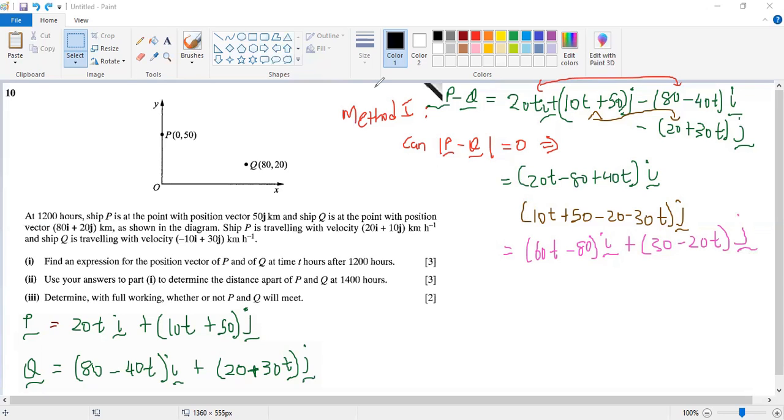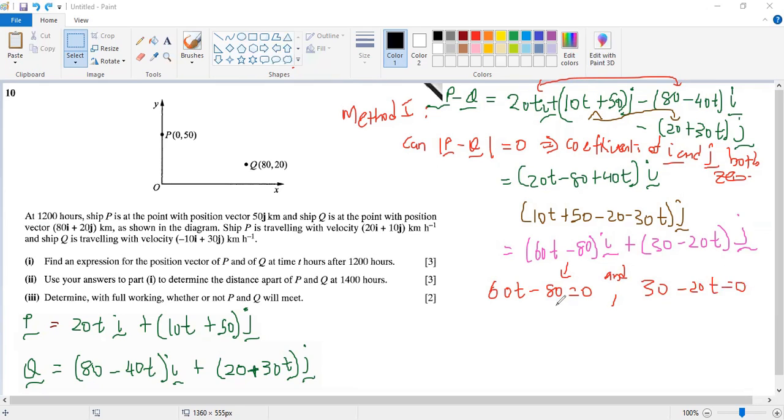Now, if you want the modulus of this to be 0, it is only possible if the coefficients of i and j are both 0, because only then is the distance 0. So you must put this equal to 0: 60t minus 80 is 0, and at the same time this is 0.